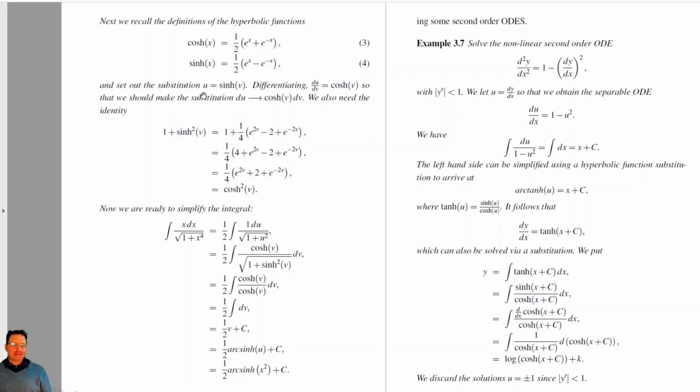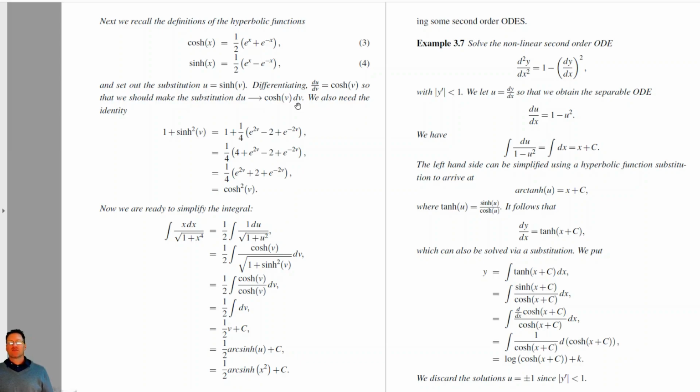Okay, so in this case, let's let u be equal to sinh of v. And again, we want to differentiate so that we can see how to replace the u with a dv. So the derivative of sinh is cosh, and you can just check here, differentiate this top line, equation 3, you'll actually get equation 4.